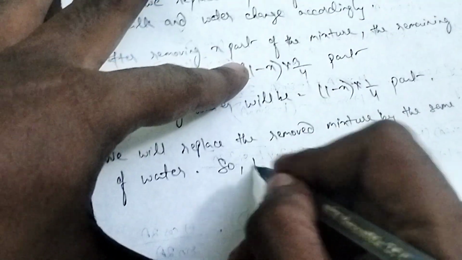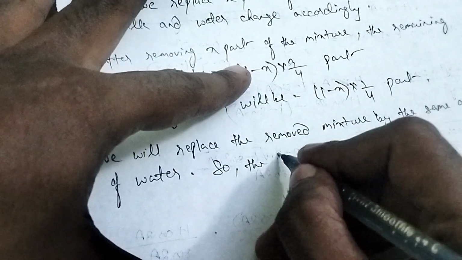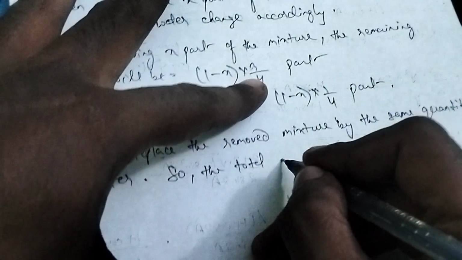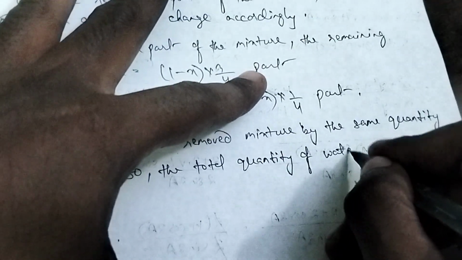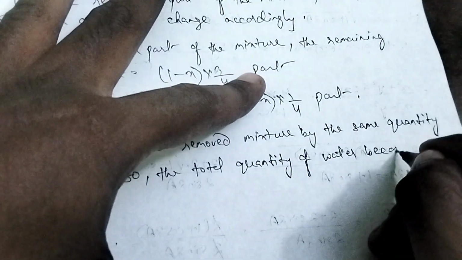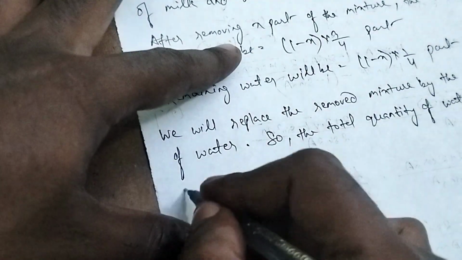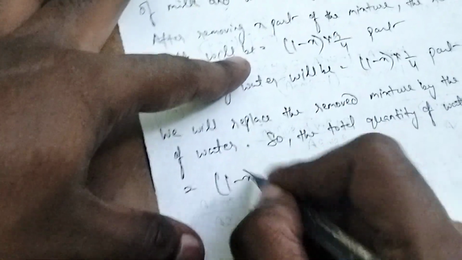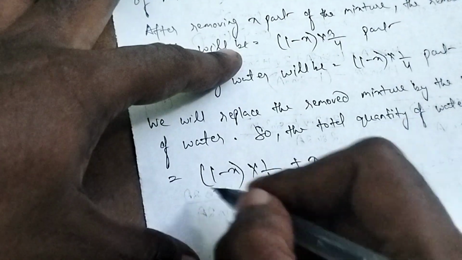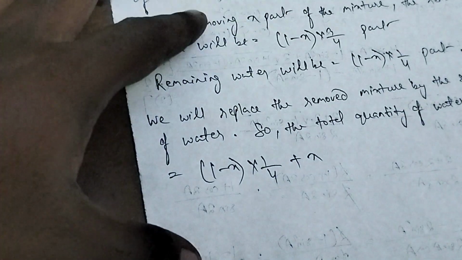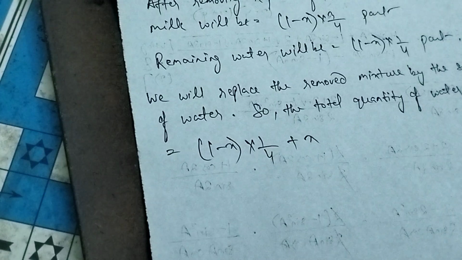So the total quantity of water becomes 1 minus x into 1/4 plus x. Okay, right?